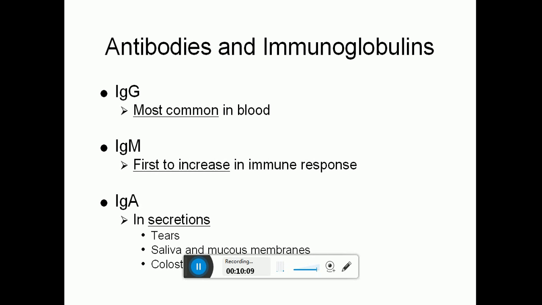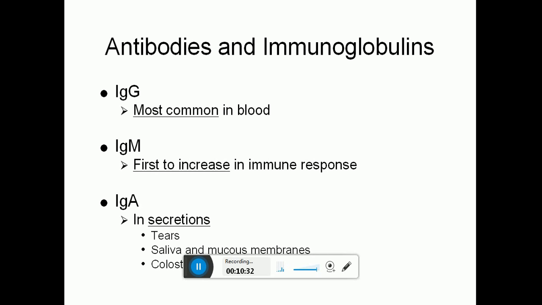My immune system's first reaction will be to make IgMs to attack the measles virus. So if I take a sample of my blood and measure the IgMs in my body and they're elevated, IgMs against the measles virus, that means that I am actively infected with the measles virus.